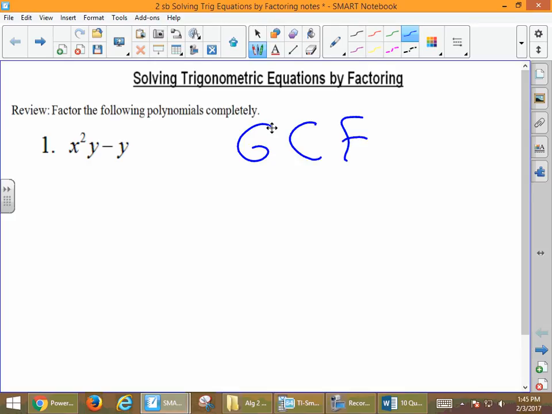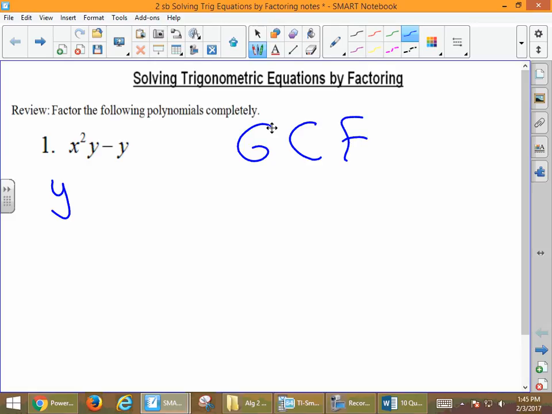And so we need to look in our problem and see what is something that we can pull out from both of these quantities. So we have x squared y minus y. So what's something that's in both of them? Y. So we can pull a y out. And by pulling one out, I really mean we're dividing each of them by y.